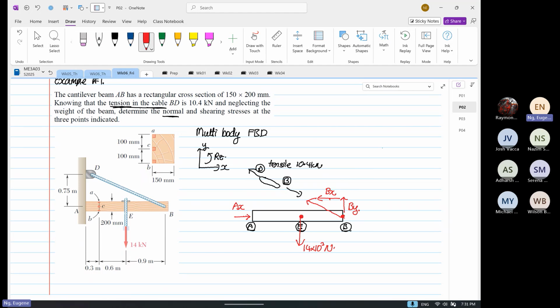Okay, so I'm going to write down here, we have a moment at point A, because it is built in down here. So whether the moment will come down this way or will go up this way, we don't know yet.